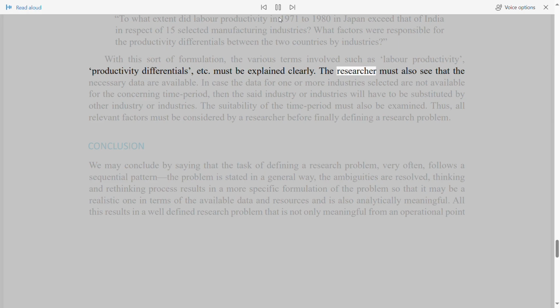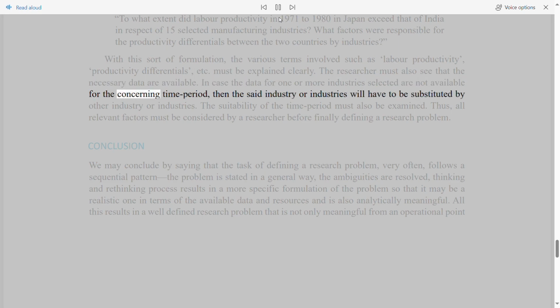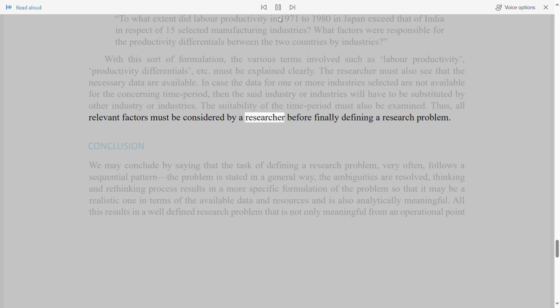The researcher must also see that the necessary data are available. In case the data for one or more industries selected are not available for the concerning time period, then the said industry or industries will have to be substituted by other industry or industries. The suitability of the time period must also be examined. Thus, all relevant factors must be considered by a researcher before finally defining a research problem.